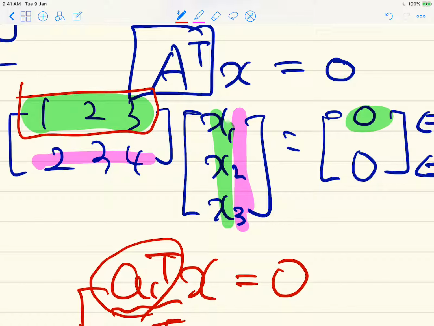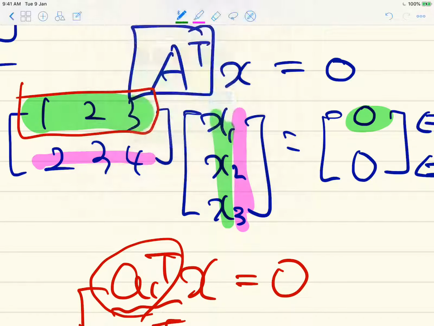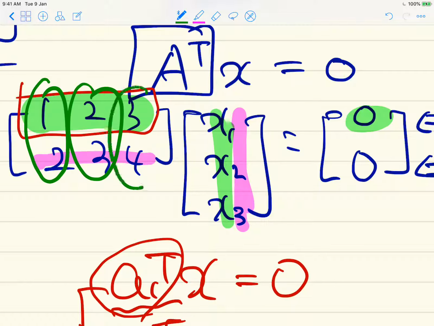That will be the number of free variables that we have, right? So here we have 3 columns in 2-dimensional space, right?